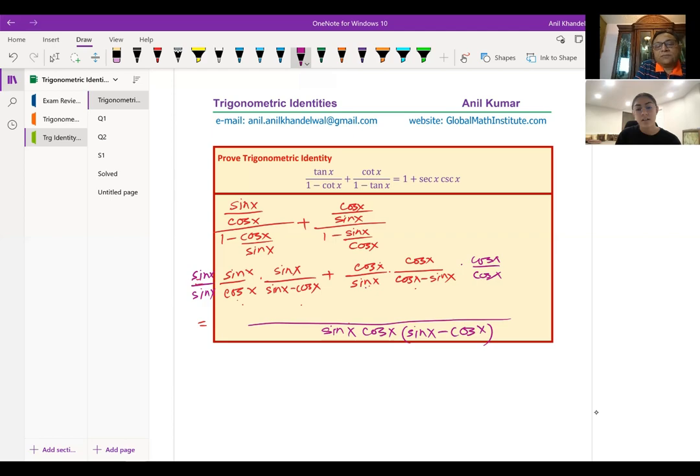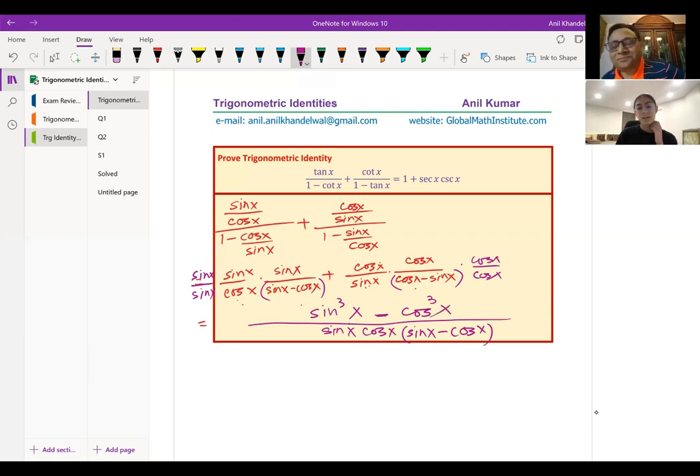So if I do sine x minus cos x, here we have cos x minus sine x. That will result in a negative sign in between, right? So we have sine cubed x minus cos cubed x in the numerator.